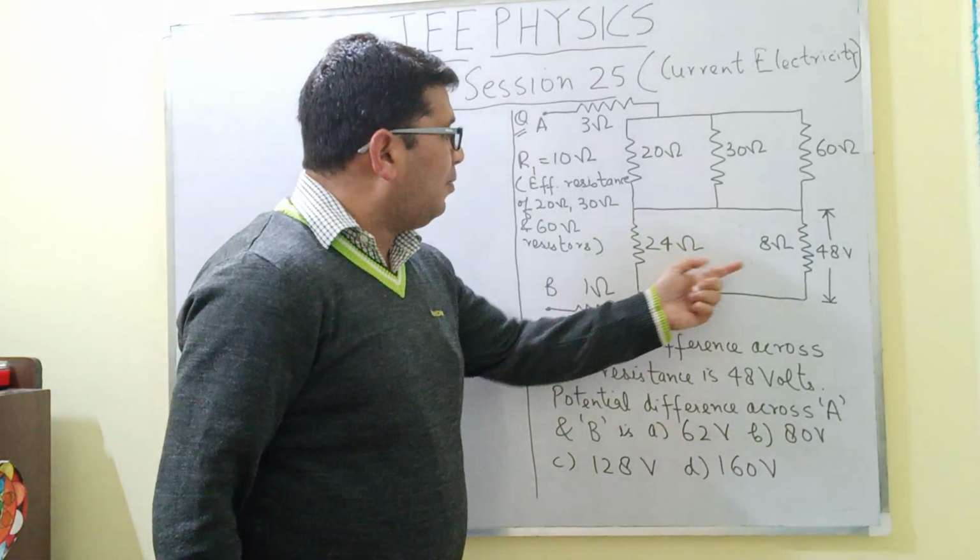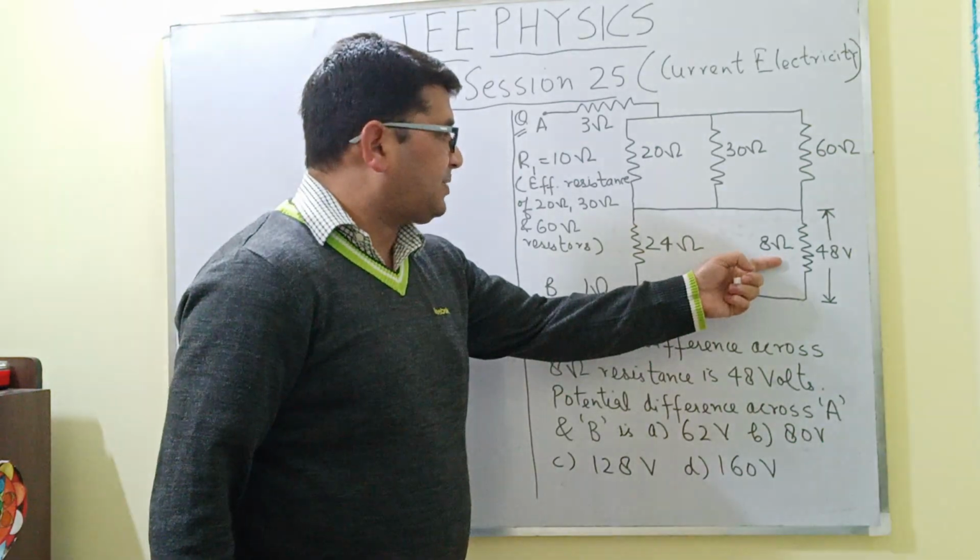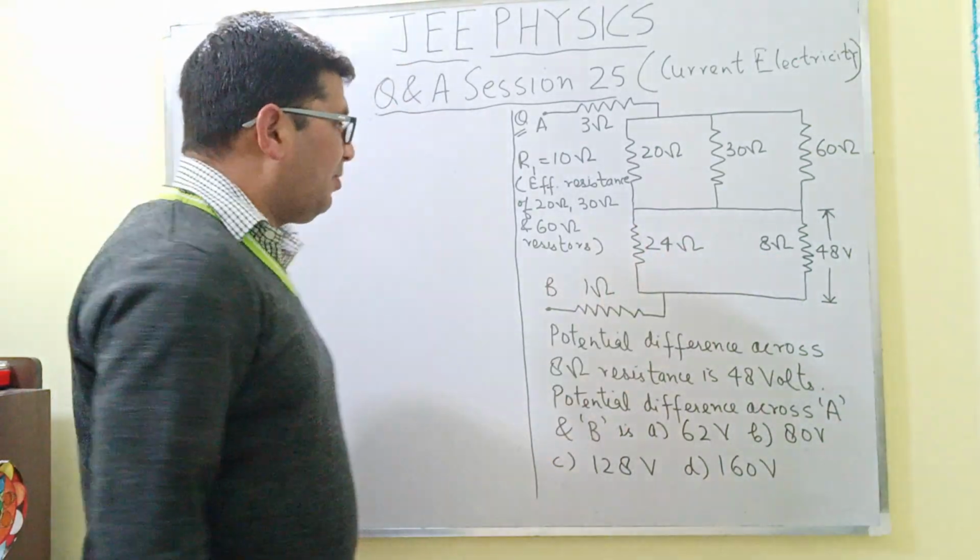Okay, now from this electrical circuit which is given in this question, this 24 ohm and 8 ohm resistors, they are also in parallel combination.